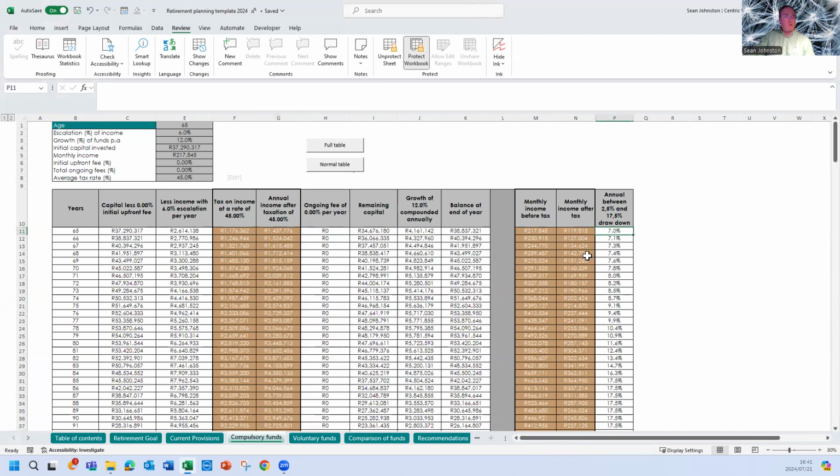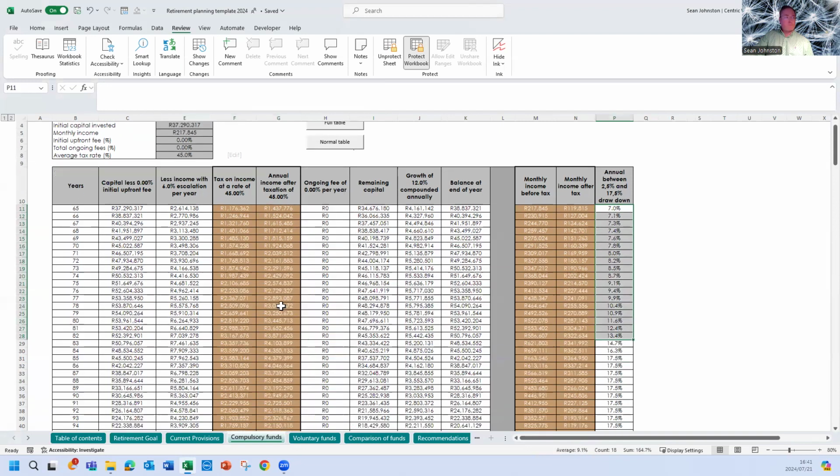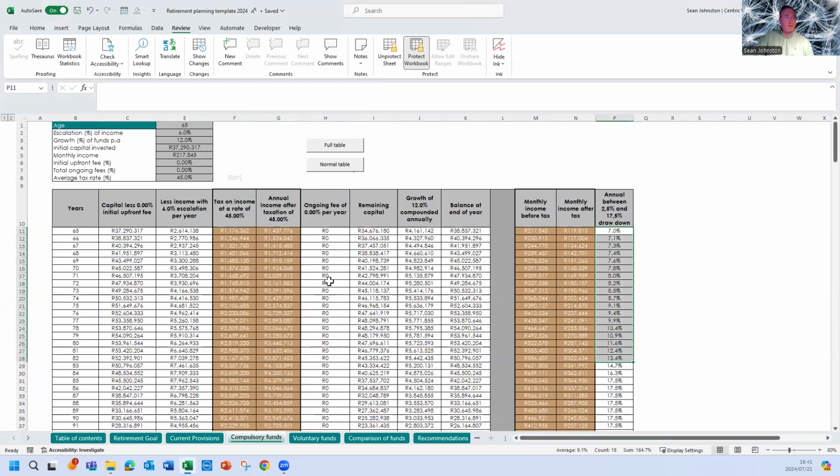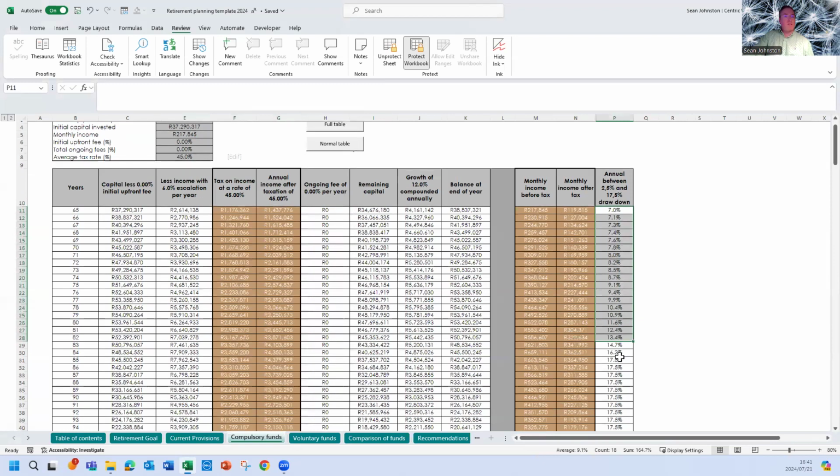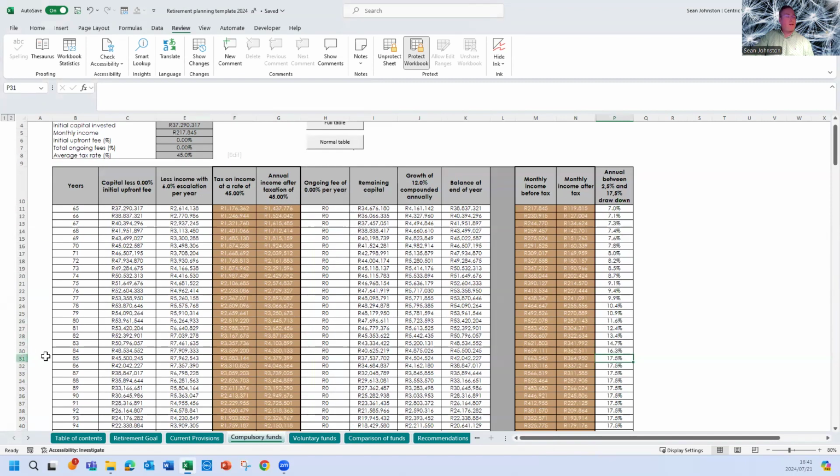So in the first year drawdown is 70%. But because he is now escalating at 6%, he will gradually increase his drawdown relative to the growth of the funds, and he will reach his maximum drawdown at 85.